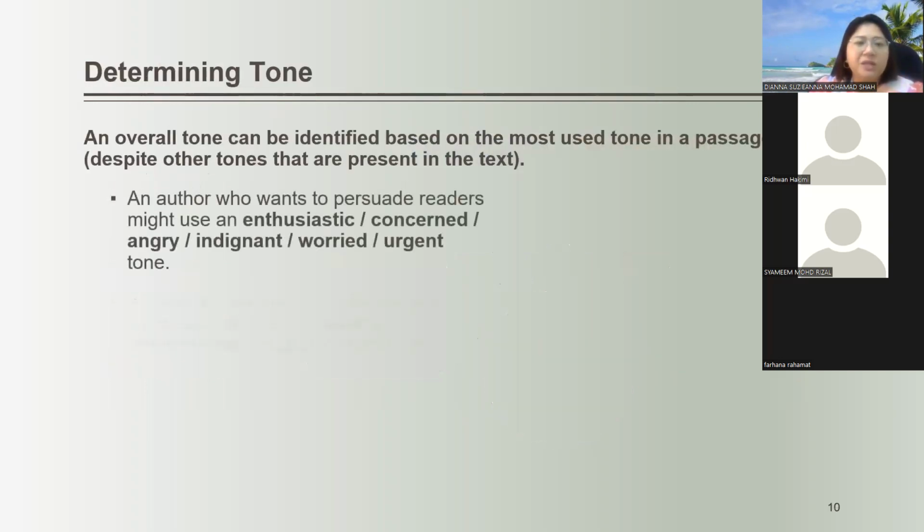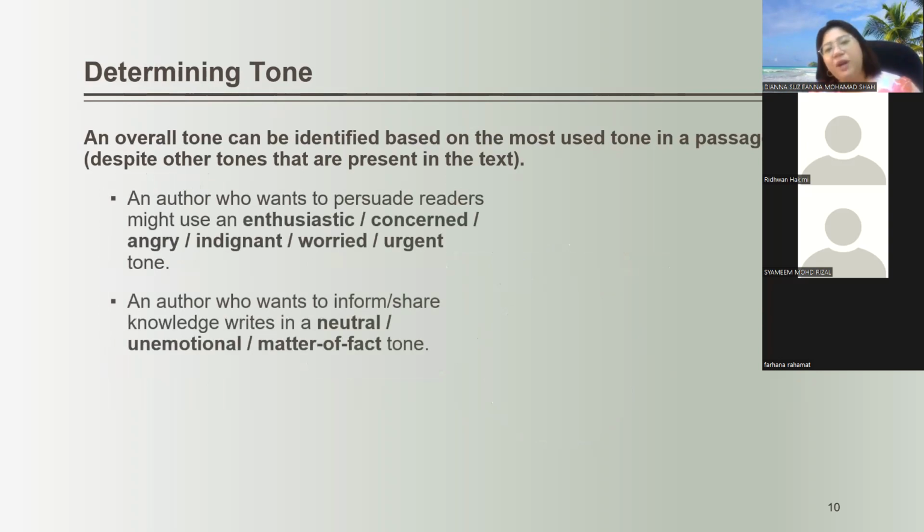Okay, all right. So an overtone can be identified based on the most used tone in a passage, despite other tones that are present in the text. Definitely when you read a novel, for example, sometimes in the middle of happiness, there will be one or two parts that share about sadness.